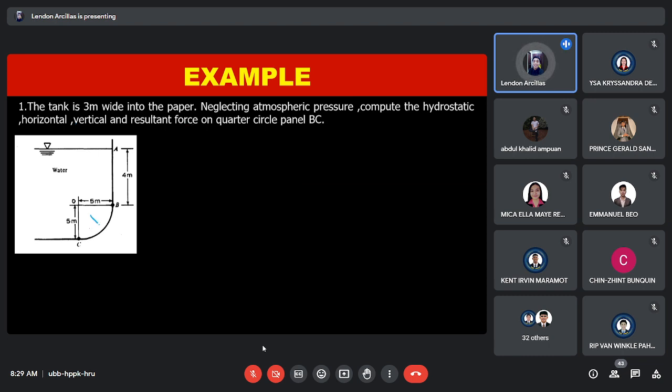So, this is the resultant force for the curvature. On the quarter circle panel, BC. So, this is a curvature gate. So, nakikita nyo yung sa previous na pinakita ko sa inyo, yung meron ding curvature na design doon sa dam.